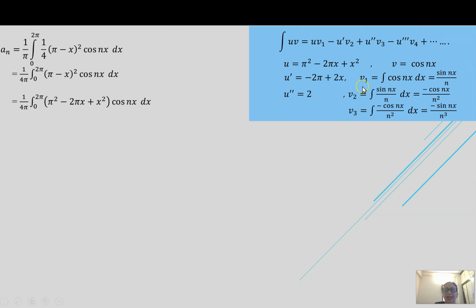Now v2 is integration of v1, that means integration of sin nx by n dx. So integration of sin is minus cos, so here you get minus cos nx by n square. Now v3 is integration of v2, that gives minus sin nx by n cube.